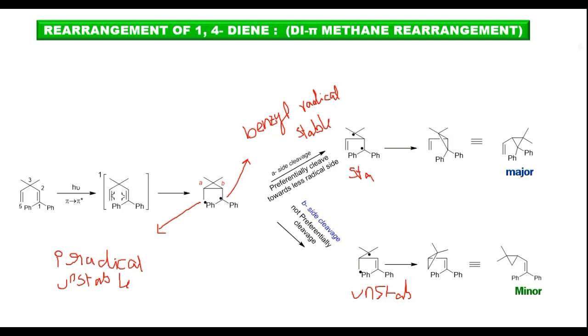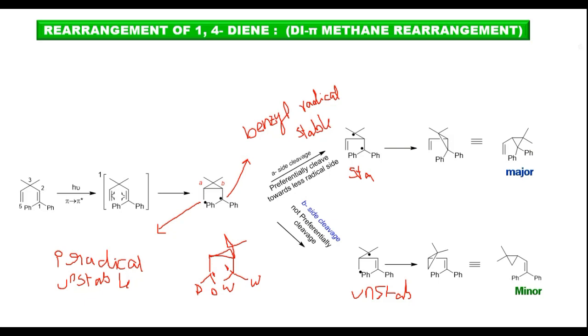For example, here you see the intermediate during a di-pi-methane rearrangement. Here the groups are electron withdrawing groups, here the groups are electron donating groups, and here we have a radical, and here also we have a radical.